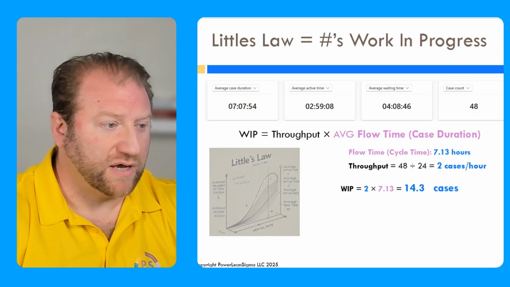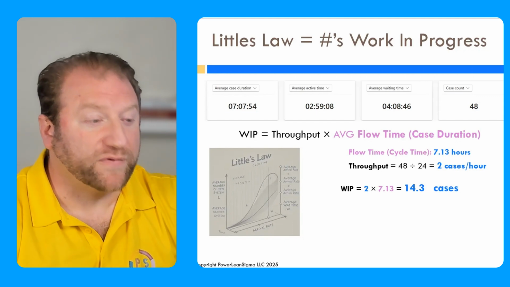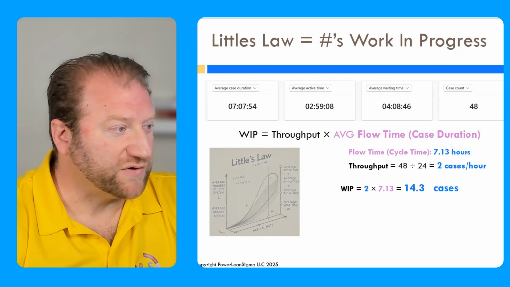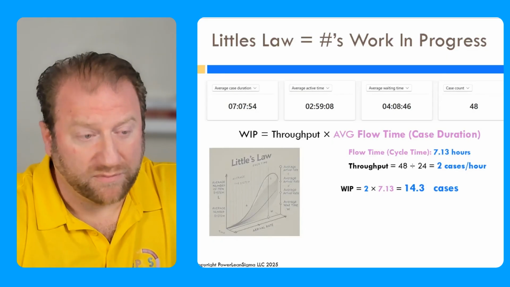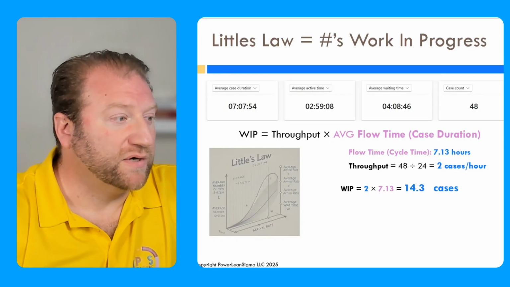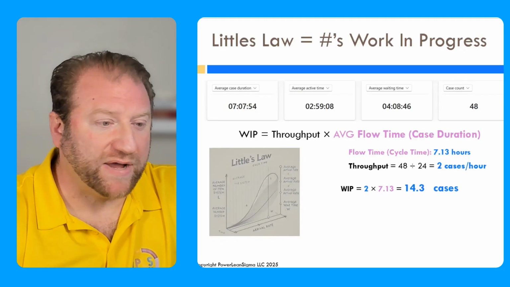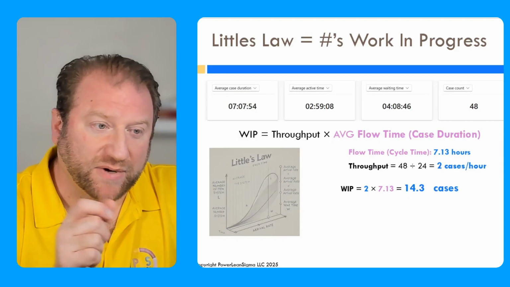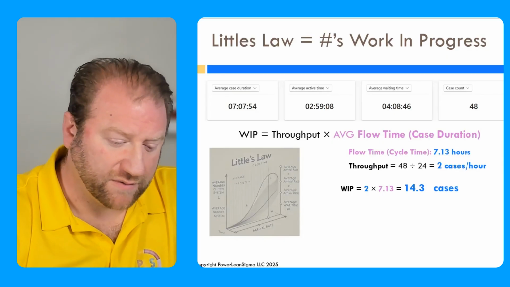We have to convert our average case duration into a decimal, so 7 hours is 7.13 hours. Then 48 divided by 24, so how many cases per hour within a given day?